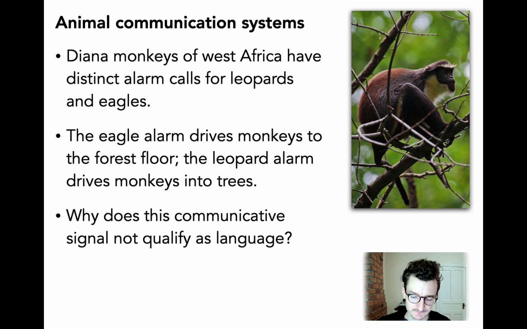And so basically, if a Diana monkey sees a leopard, it makes one call. And the idea here is it's kind of like telling everybody in the troop to run up the tree. If they see an eagle, they make another call. It's kind of like telling everybody to come down from the trees. And I'll just play you an example of what this sounds like.